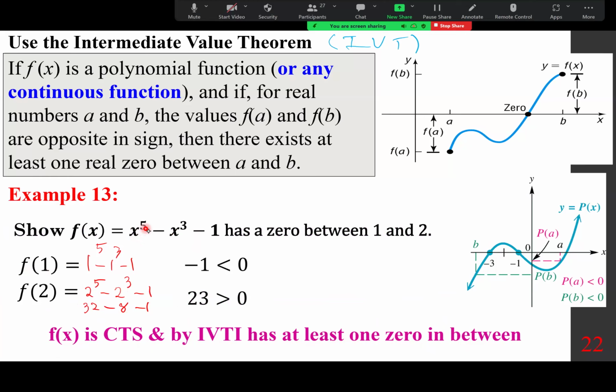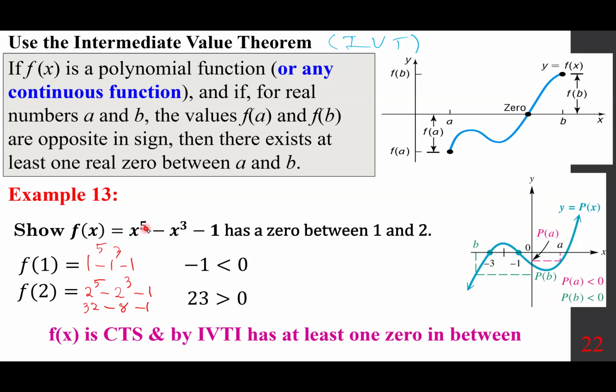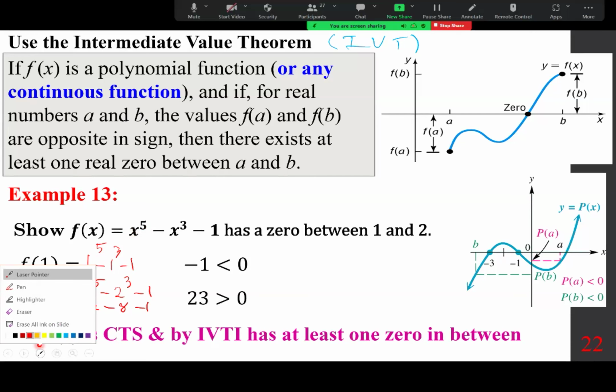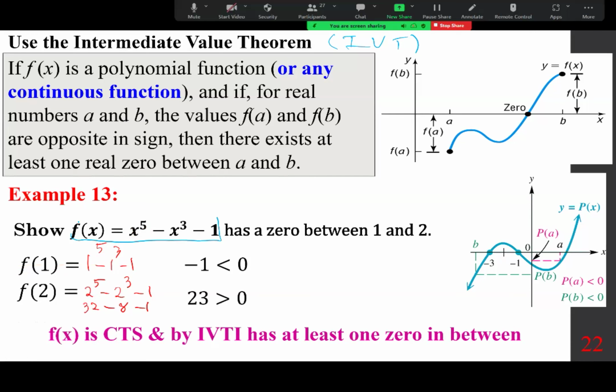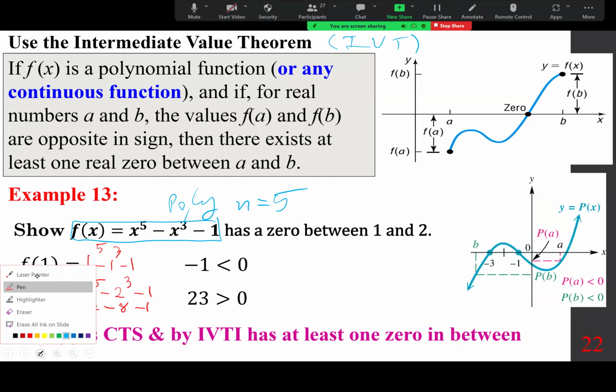Because it's a polynomial of degree 5. So pretty straightforward, everybody. Again, it's important to know why it's continuous, because it's a polynomial with degree 5. That's why.